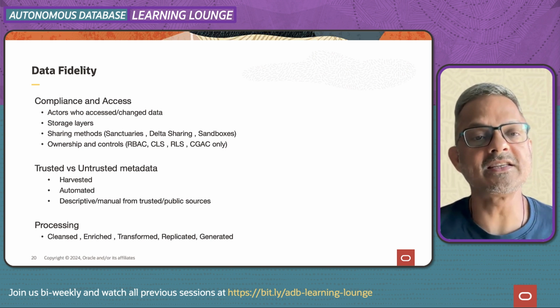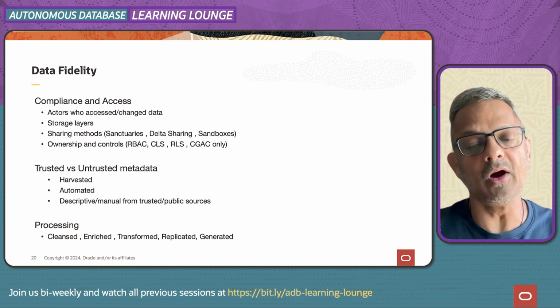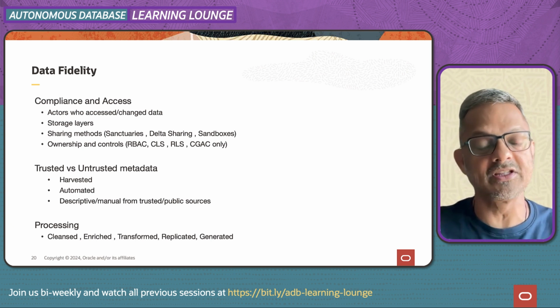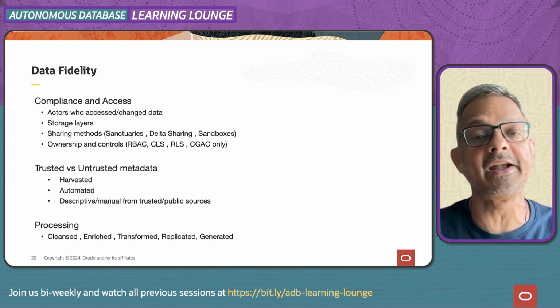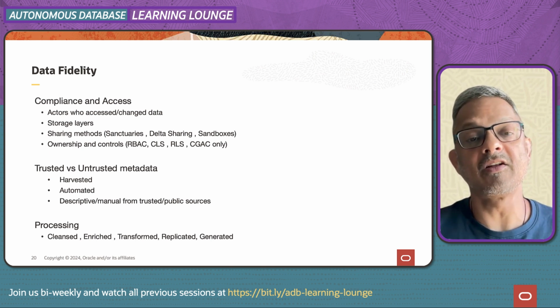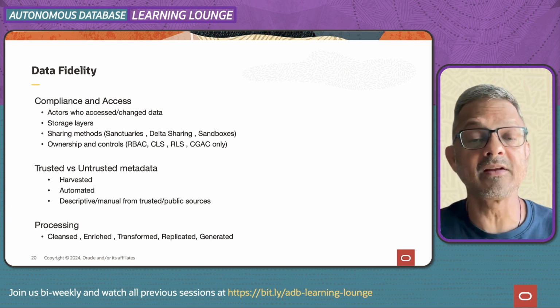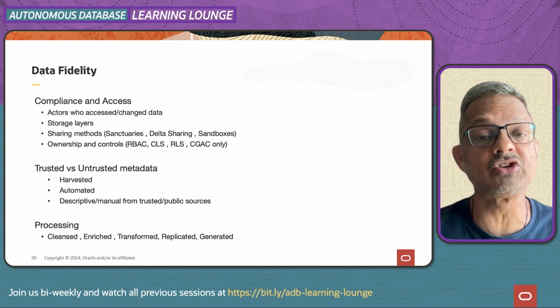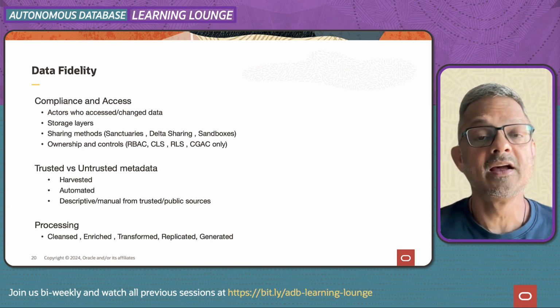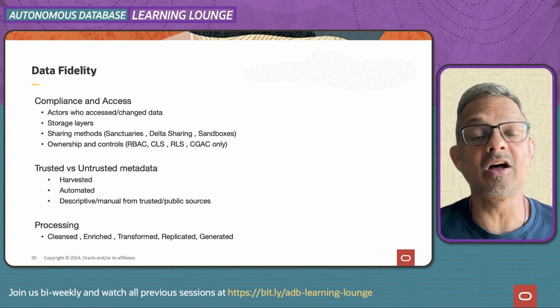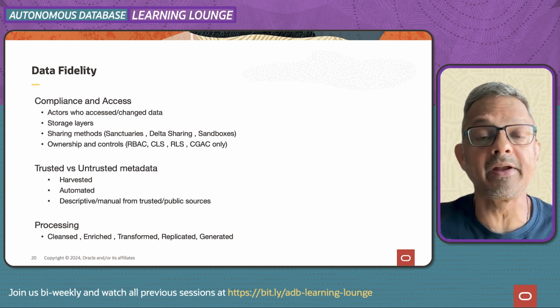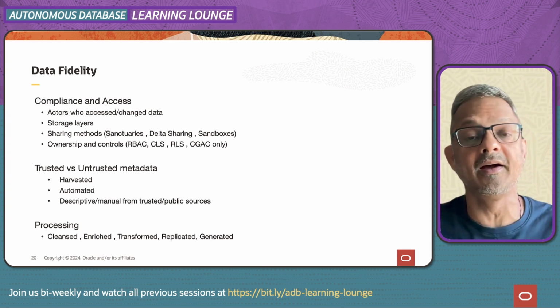Compliance and access, this is a very common topic. You share data, you own data within the enterprise. There are different owners of the data. They all have controls at various levels. Some of them have fine-grained control. People use Ranger, people use databases. Other times data is in object storage, with no fine-grained access control, only coarse-grained.